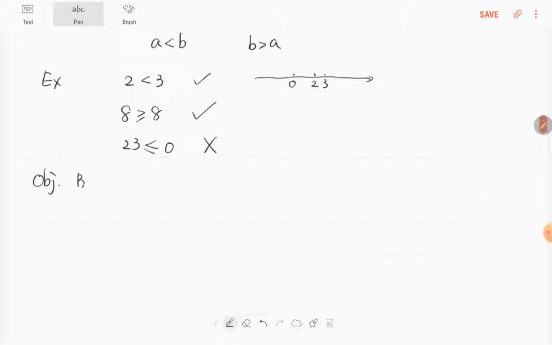Let's check the second one. Second one, we just try to translate a sentence into mathematical statements. So we just want to translate the words into symbols. Let's just see some examples. Translate.